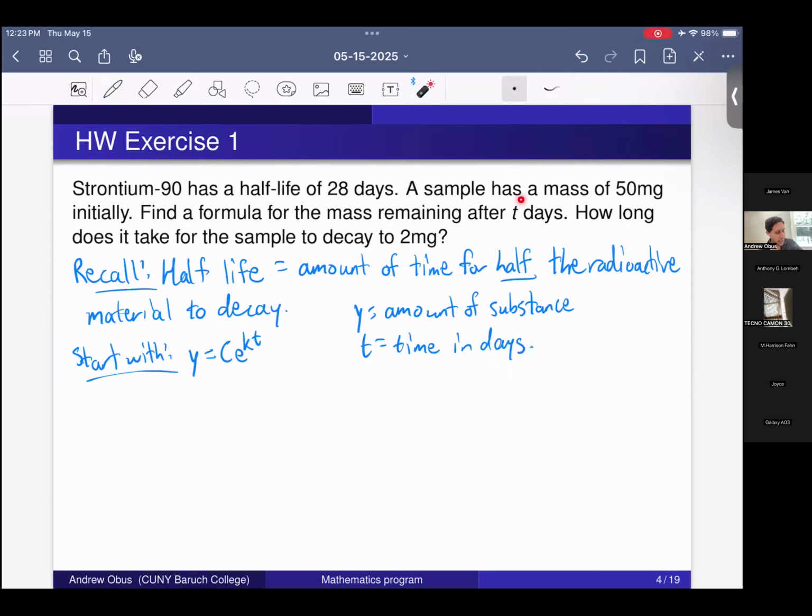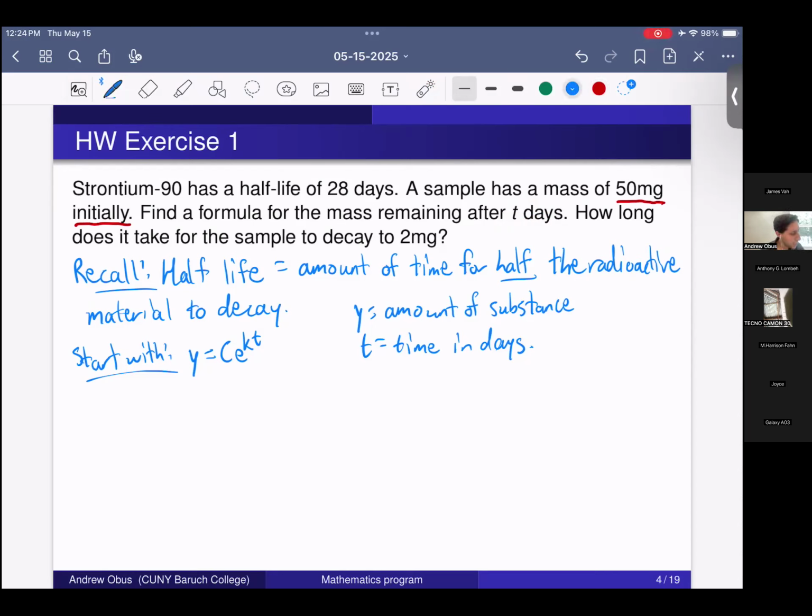Because this is about t, it says t days, right? So the time is measured in days. Okay, so what are our two pieces of information that we're going to be able to use to solve, right? Well, the first piece of information is that the sample has a mass of 50 milligrams initially. Usually you're given something at time 0. That's what initially means. It means t equals 0.